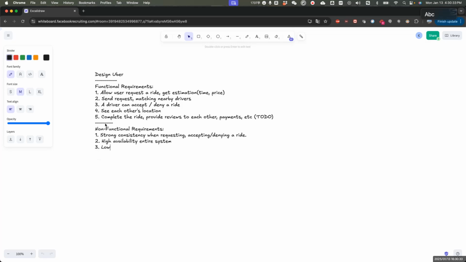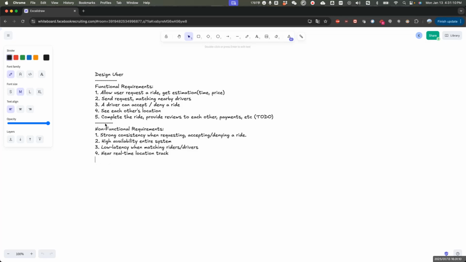Also, we want low latency when matching riders with drivers. And we would like to see a near real-time location check.